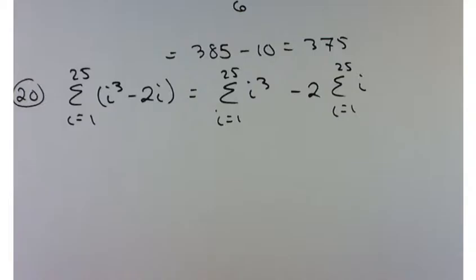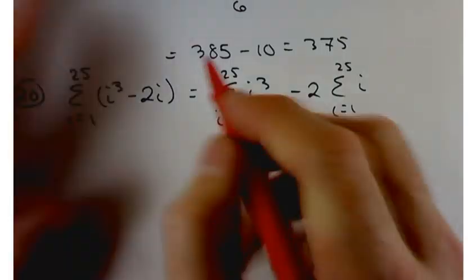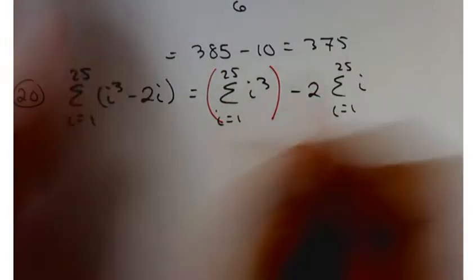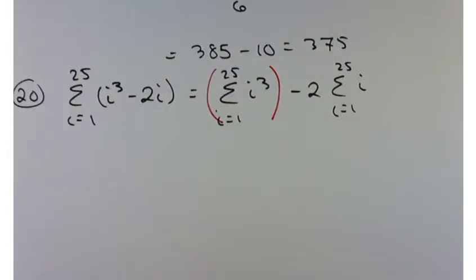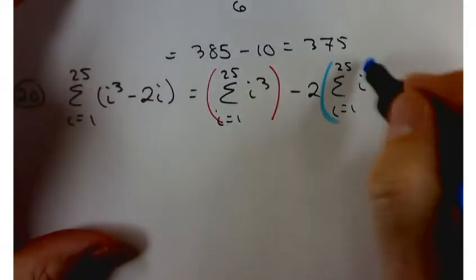And as before, we have formulas for both of these things. We have a formula for the sum of the first i cubed numbers and the formula for the sum of the first i numbers. So let's put in both of those. So we have a formula here and another one here. Let's use both of those.